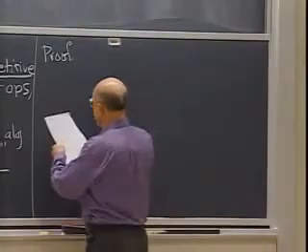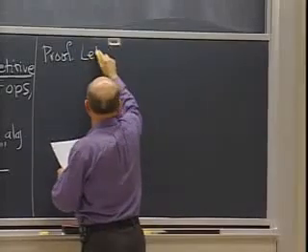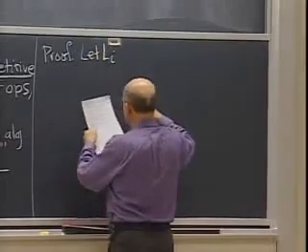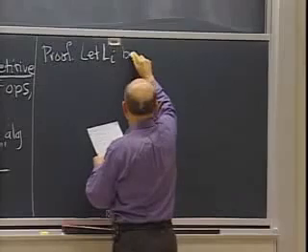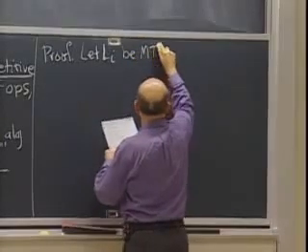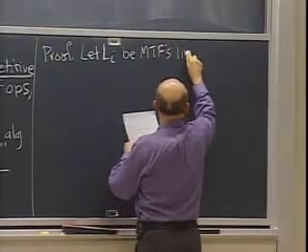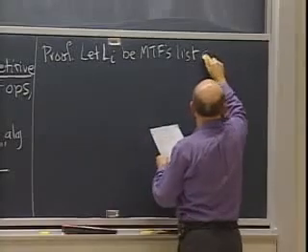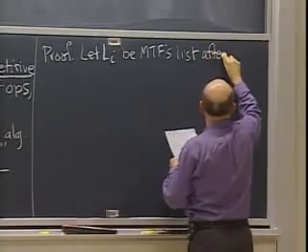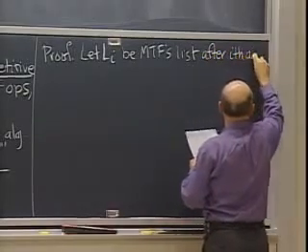Let's get some notation down. Let's let L sub i be MTF's list after the ith access.